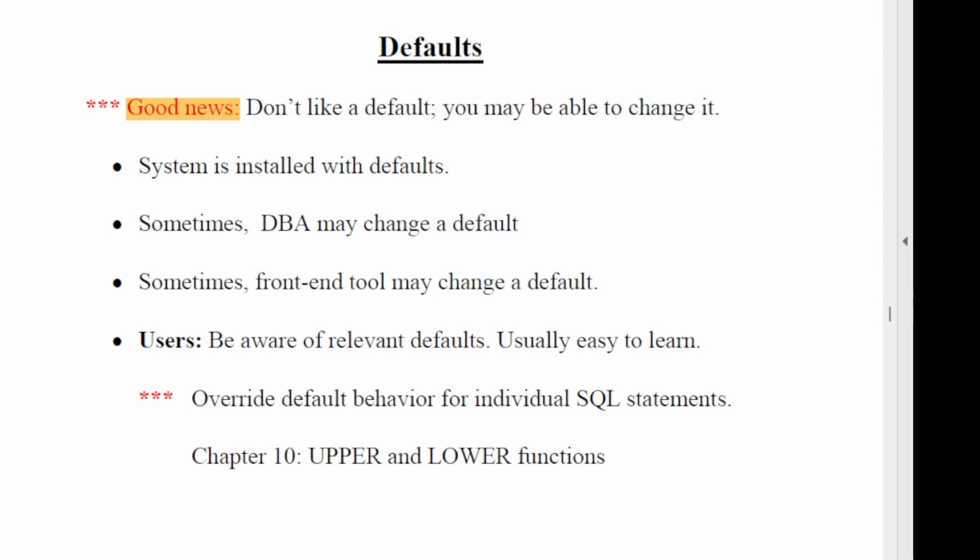But we're reminding you that your system on day one, when it's installed, has defaults. Now, for reasons I'm not going to describe here, the DBA might want to change the default. It defaults to case sensitive, the DBA wants to make it case insensitive, or vice versa.